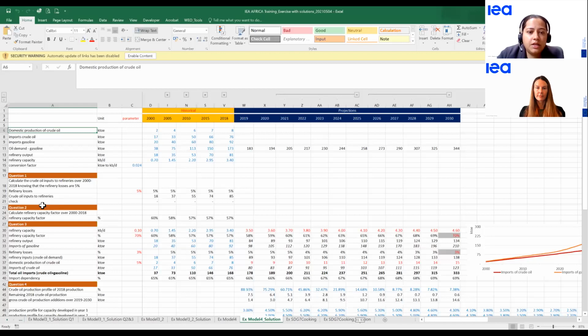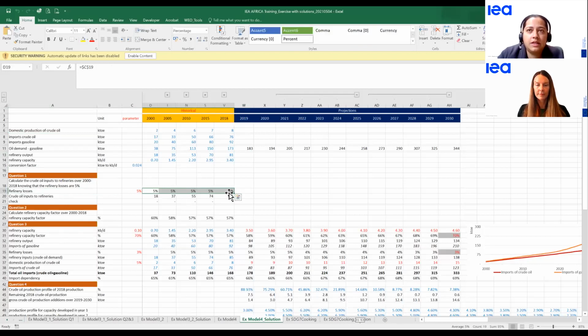The first question is to calculate the crude oil inputs to refineries from 2000 to 2018, knowing that the refinery losses are at 5%. So for refinery losses, we can put 5% everywhere from 2000 to 2018.